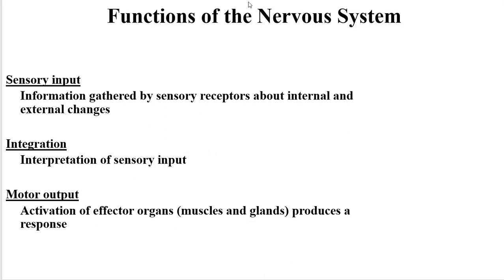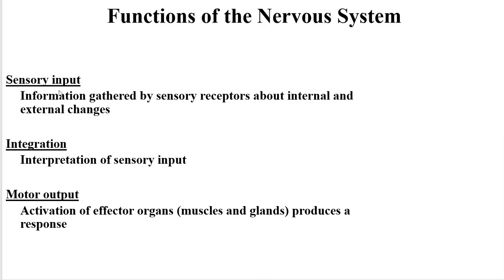All right, so as far as the functions associated with the nervous system, these are basically what the nerves are going to do. They're going to take input from the senses. They're going to interpret that input, make a decision, and then they're going to output the decision.